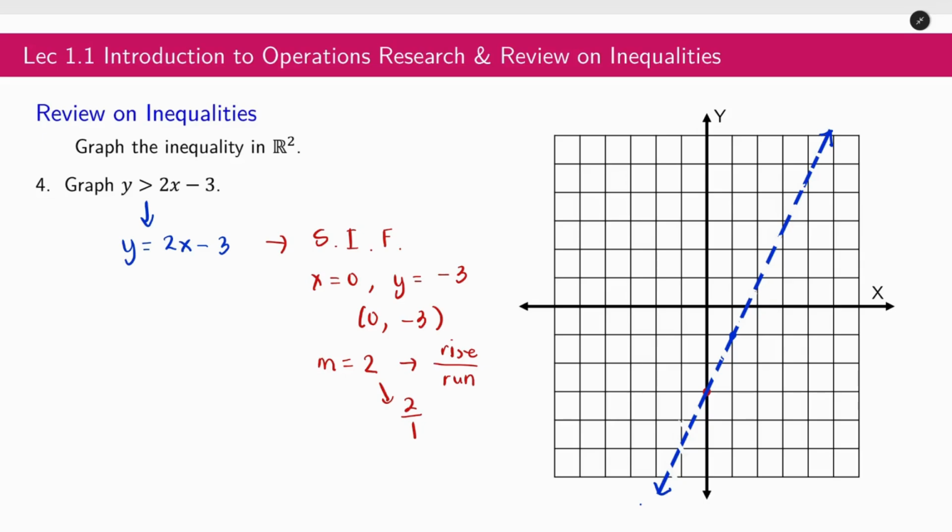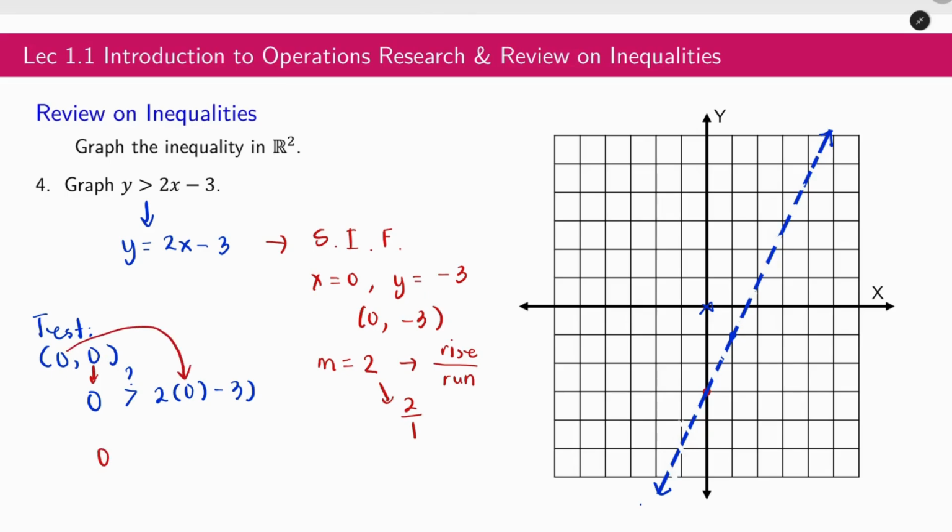Okay, the broken line. Ngayon, para malaman natin kung alin yung isi-shade, let us use 0, 0. Using the origin, okay, ito yung origin, di ba? Test natin kung kasama yan sa solution set. Okay, we have 0 is greater than 2 times 0 minus 3. So, ayan yun ha. So, we have y, and then ito naman yung x.